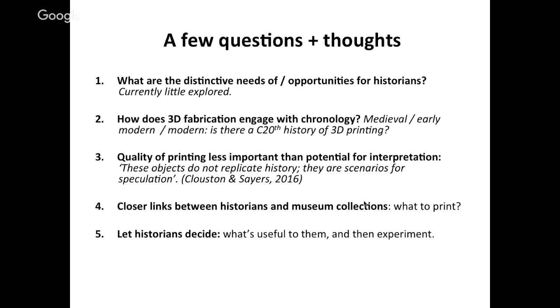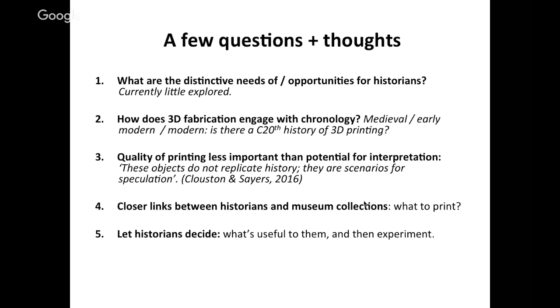One of the things that we have learned from reading around the subject is that we shouldn't aim for perfection. We're not looking to recreate the perfect vase or the perfect pipe. We're looking to think about the ways that we can experience that object and to move from object to the history of experience. And finally, just the final two points from our observations: it's really not for us necessarily as makers or trainers of 3D printing technology to come up with the ideas of how it should be used.